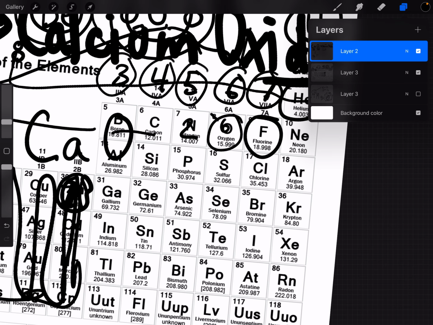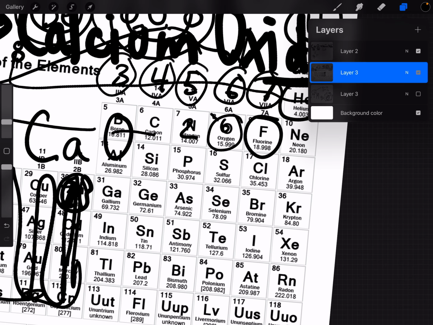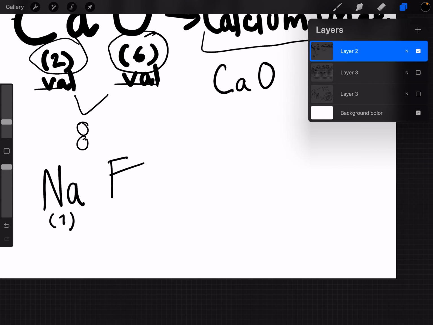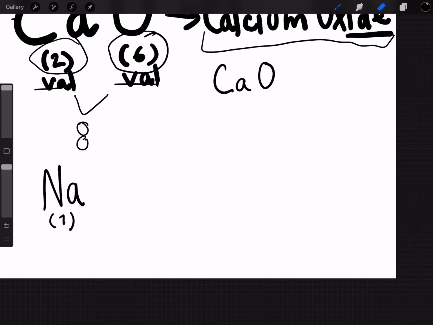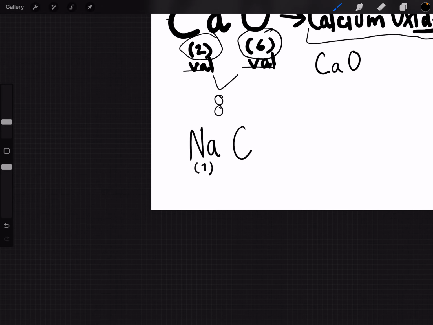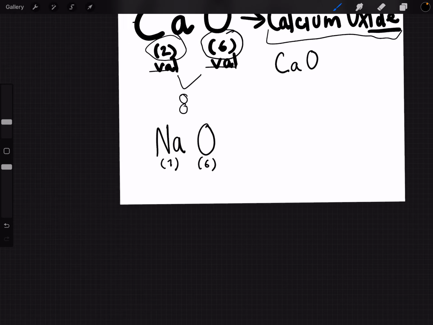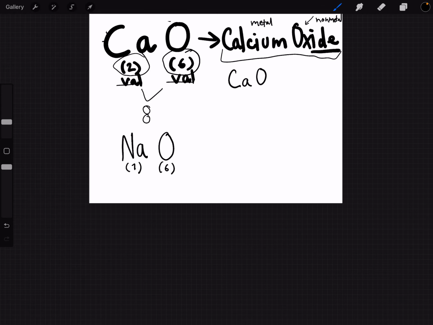Yeah, let's do oxygen. Okay. 6. Essentially, it would be something like, what's sodium oxide? Which means oxygen, by the way, but you always have to end it with ide.